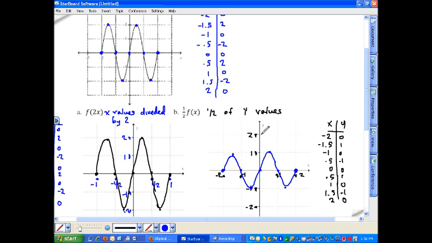And this acts as a vertical compression because the y values got cut in half, so it's got smashed or compressed vertically.